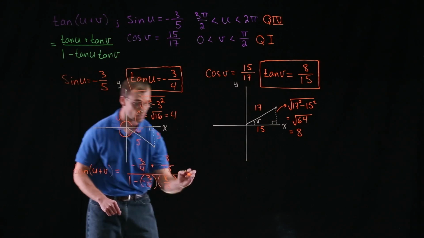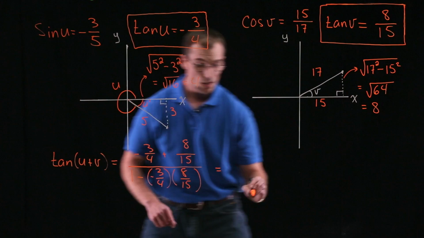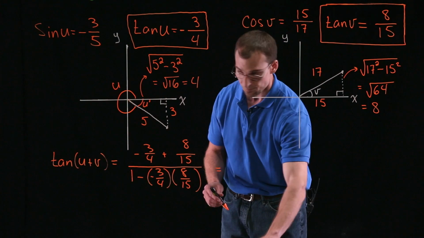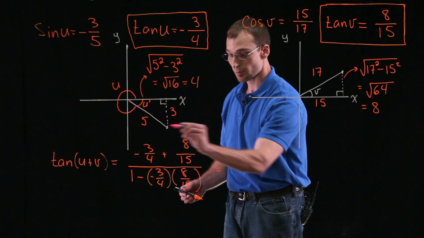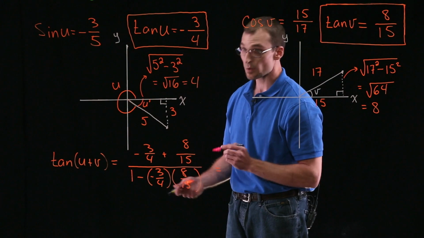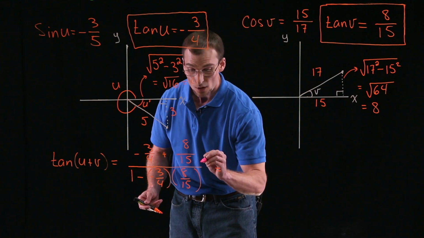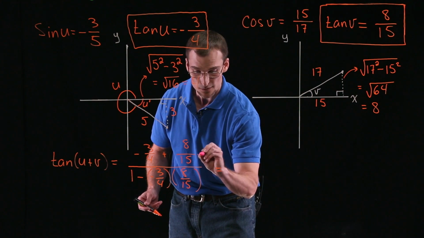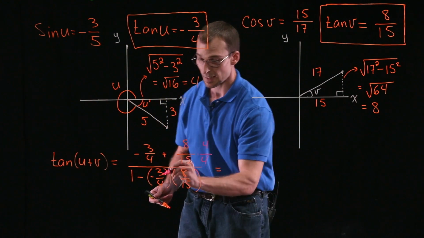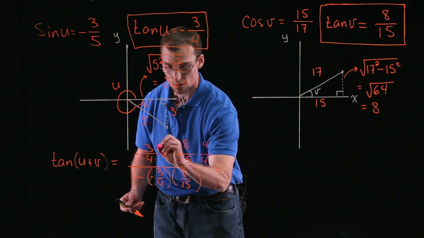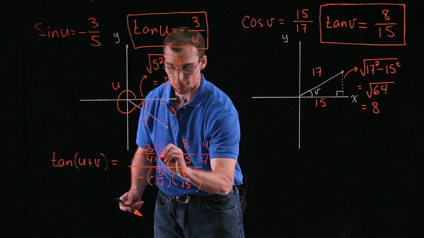And now we're just going to simplify this a little bit. So there's more than one way to do this, but I think how we're going to start is by simplifying the numerator by combining these two fractions. We can do that by finding a common denominator. So we're going to multiply 8/15 by 4 over 4 and negative 3/4 by 15 over 15.